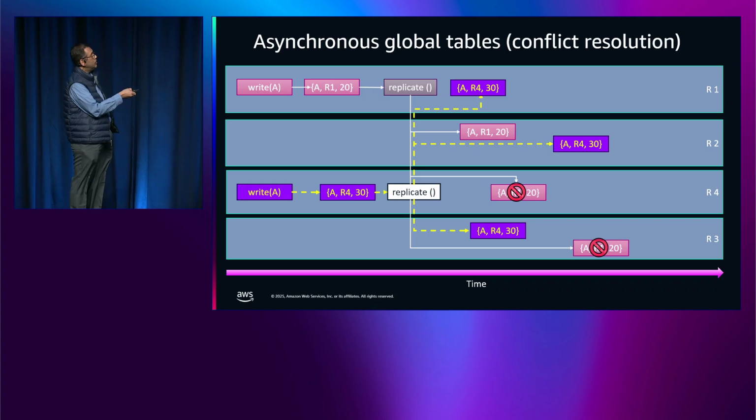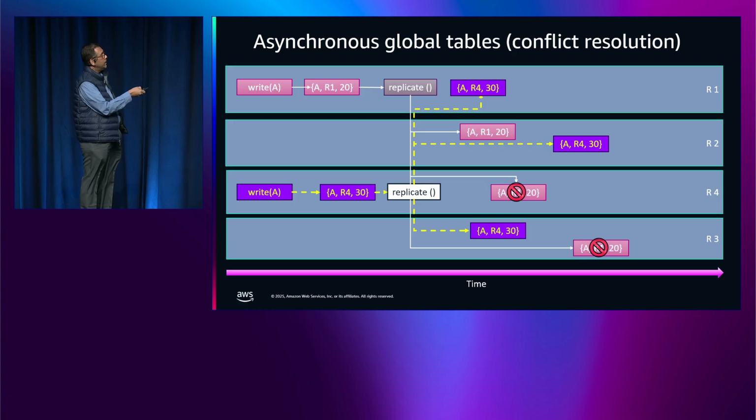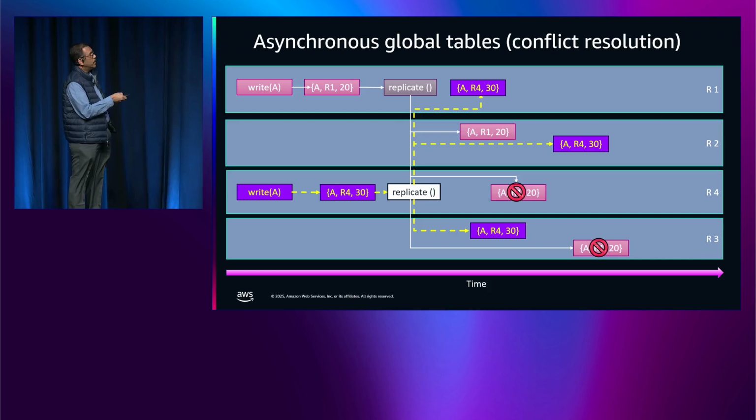Therefore, in region 1, you do the write at time 20. A subsequent replication of the write at 30 is going to overwrite it. Similarly, replication into this region where there were no writes, R1 happens first, this write comes in first, this one comes in second, it is going to converge here.